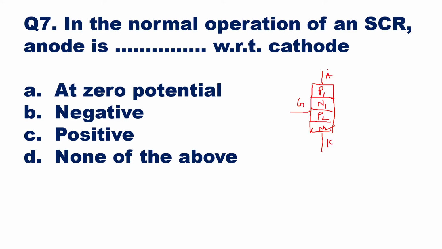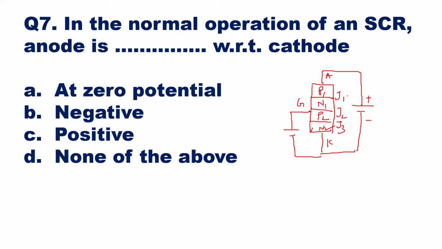In normal operation, the anode is made positive with respect to the cathode, so that the first junction is forward biased, the second junction is reverse biased, and the third junction is forward biased. Then we give a positive gate pulse, and we can make the second junction go to breakdown, and the SCR starts conducting. That is the procedure we have.